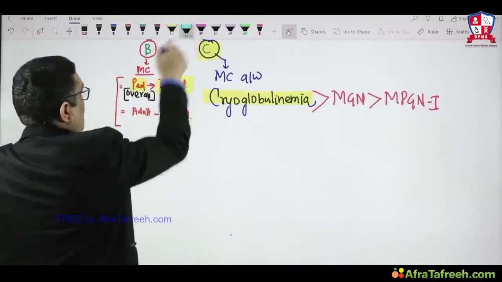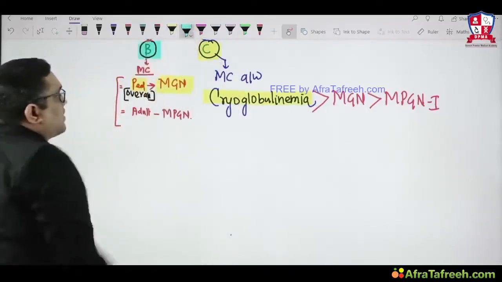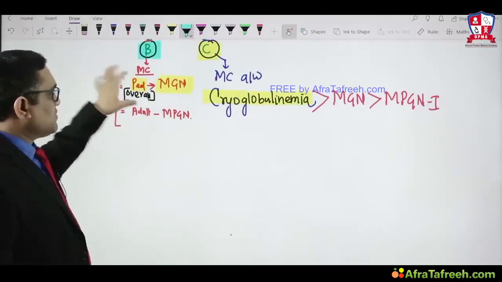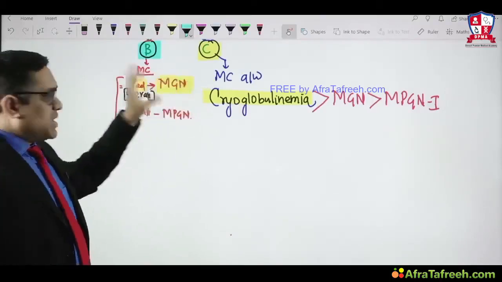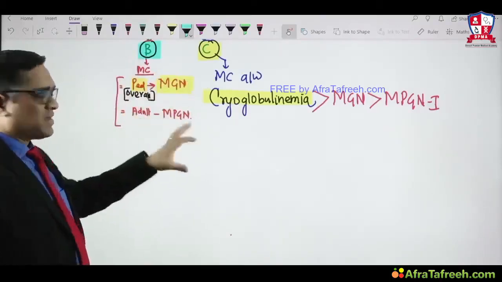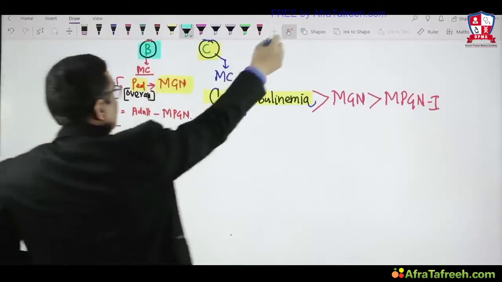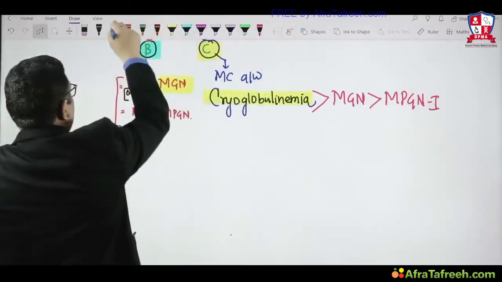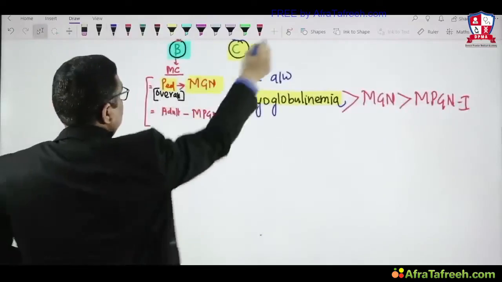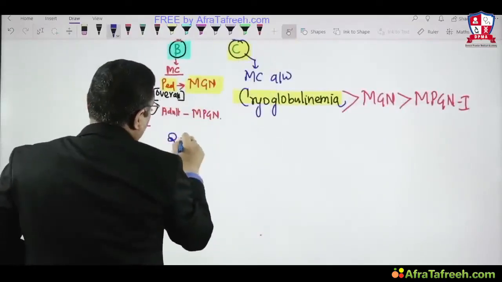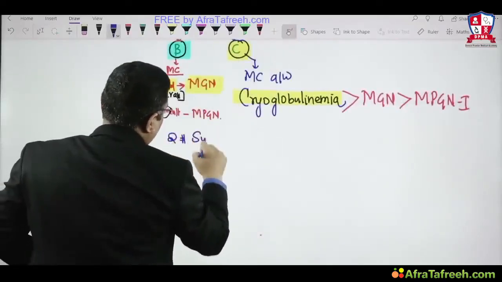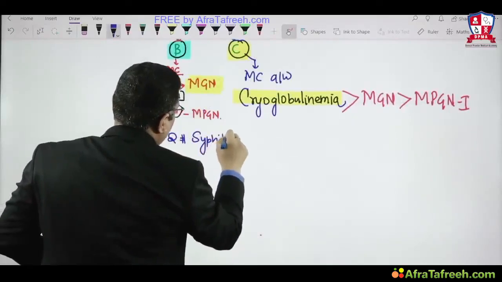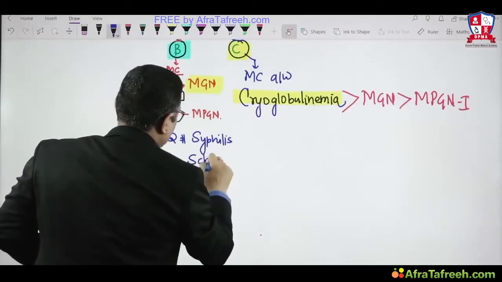But when we are talking about hepatitis B infection, it is most commonly associated with membranous. When pediatric, it is membranous. When adult, it is MPGN, right? Two other infections most commonly associated with membranous are syphilis and schistosomiasis. These were All India questions in 2013.